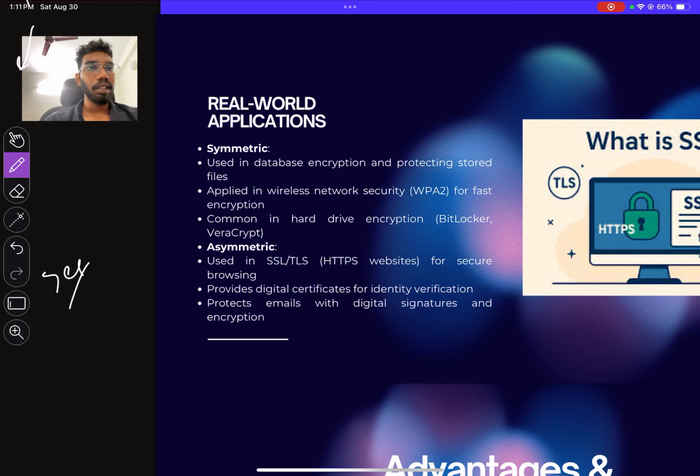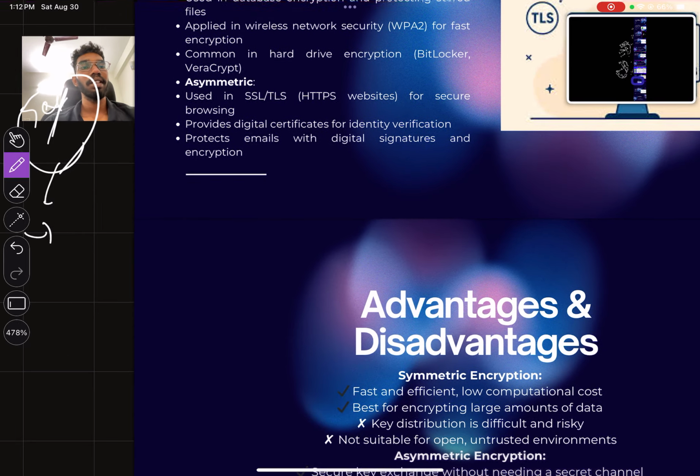Symmetric is used in database encryption and protecting stored files, and asymmetric is used in HTTPS websites, which are very secure and cannot be tampered with. It also provides digital certificates for identity verification purposes.